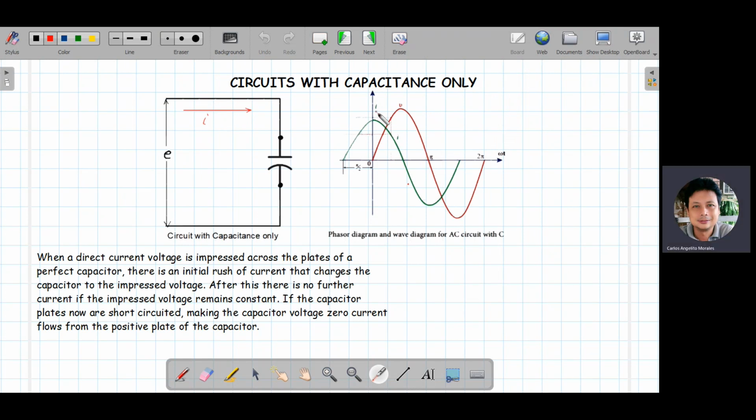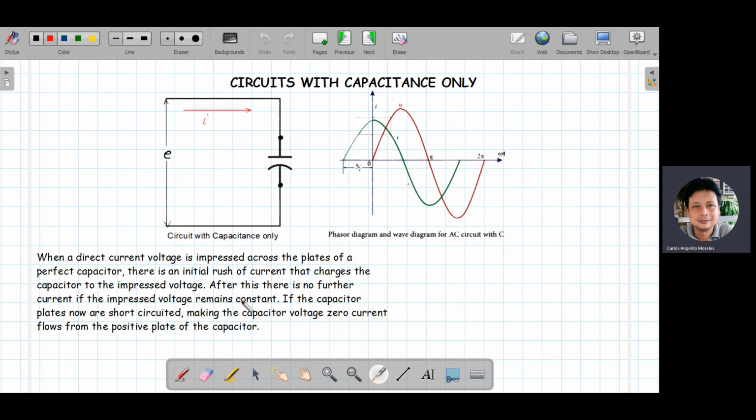So pag circuit naman na purong capacitance, kapag ang direct current voltage ay inimpress mo sa isang plate ng ideal o perfect capacitor, nagkakaroon siya ng initial na pagdaloy ng kuryente na nagiging dahilan para mag-charge yung capacitor mula dun sa voltage na in-apply mo sa kanya, yung DC, no?